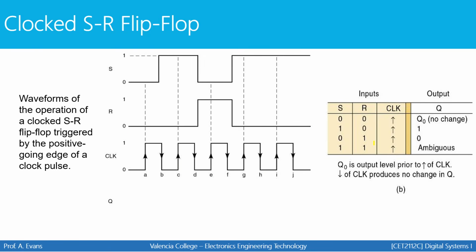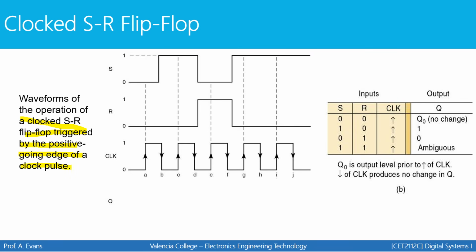Now we're going to do a waveform for the SR flip-flop, keeping in mind that nothing happens until the clock makes a transition. In this case, we have a clocked flip-flop that's triggered by the positive-going edge of a clock pulse.